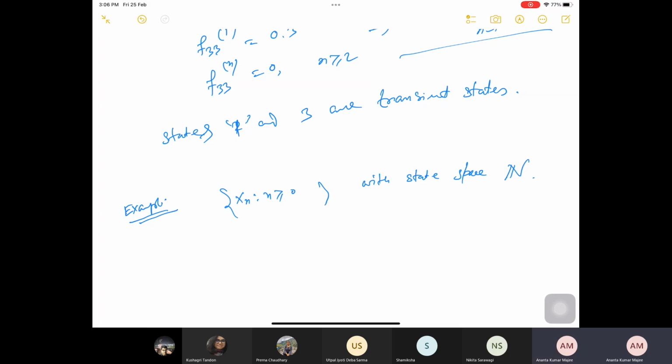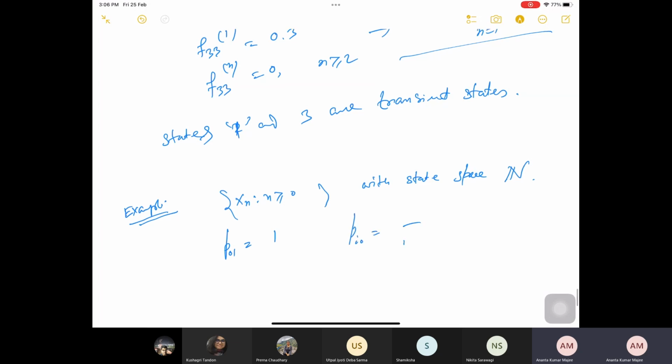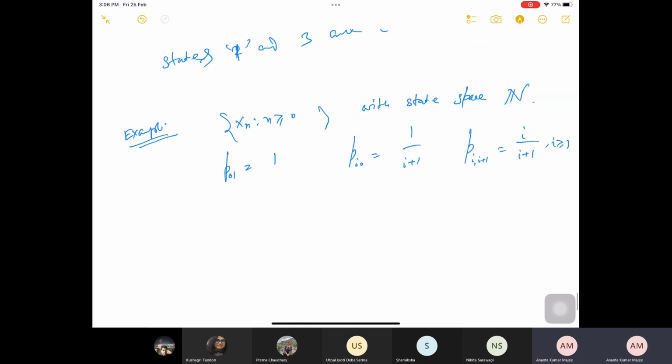The transition probabilities are given like this: p01 is 1, p i 0 is 1 by i plus 1, and p i, i plus 1 is i by i plus 1, for i greater or equal to 1.